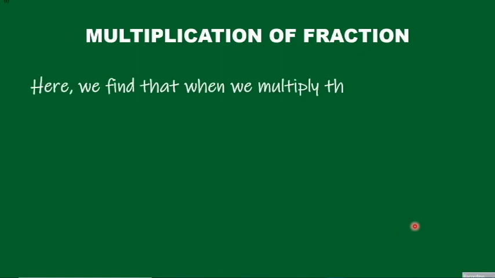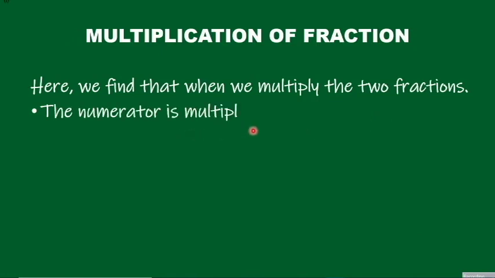So here we are going to discuss how we solve fractions. Through the activity we understand how to do multiplication of fractions, but in general, how are we doing multiplication? Here we find that when we multiply two fractions, we multiply the numerator with the numerator and the denominator with the denominator. Understand?